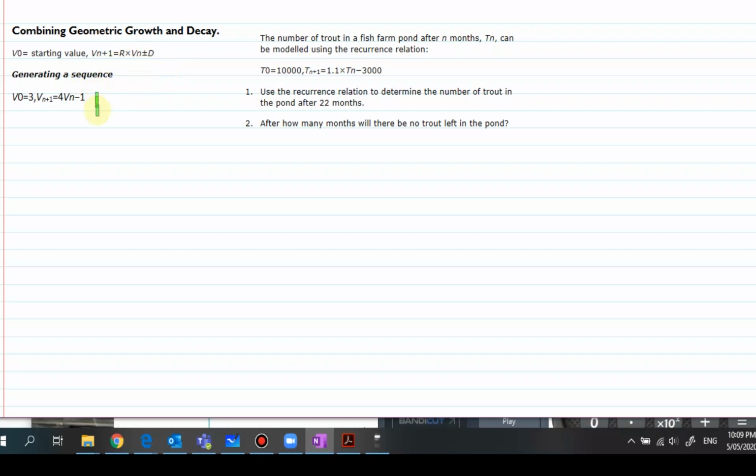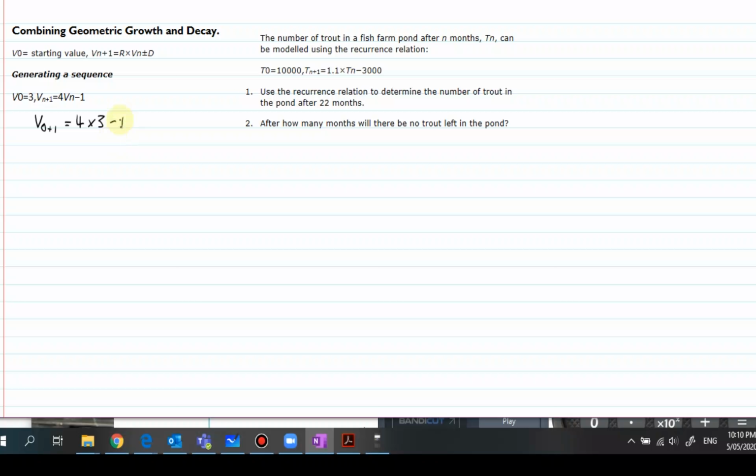Firstly, generating a sequence by hand. We're given an example where V0 is equal to 3, Vn plus 1 equals 4 times Vn minus 1. If we want to generate a sequence using that, we know that V0 is 3, so the first number after that, V1, is equal to 4 times V0, which is 3, minus 1.